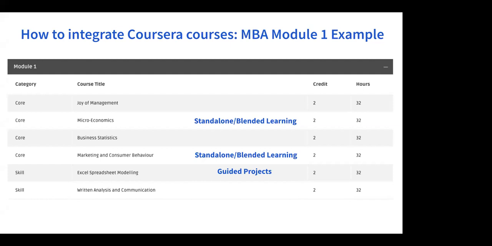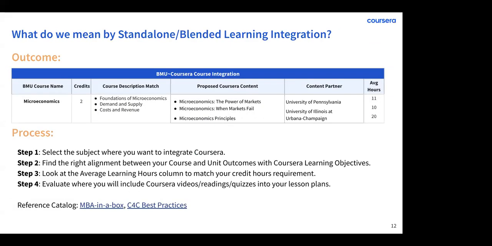The other format could be blended learning, where the faculty can choose maybe 2 to 3 courses from Coursera. For example, we have given an example here of the proposed courses on microeconomics. We have a course called Microeconomics, the Power of Markets by University of Pennsylvania. Then we have 2 other courses, Microeconomics When Markets Fail and Microeconomics Principles, which is by the University of Illinois.